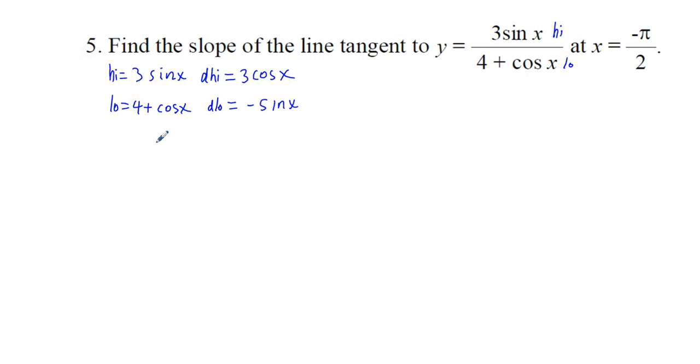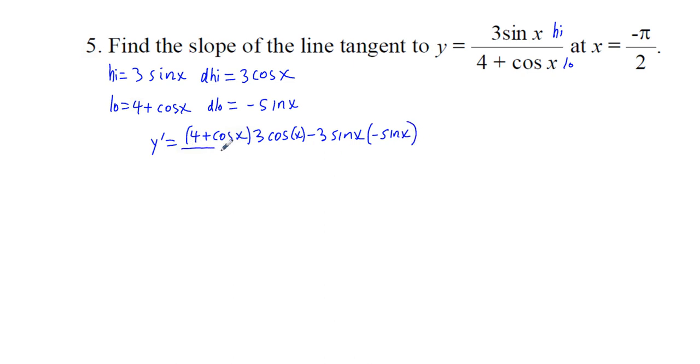And so y prime, working below here, is equal to low, 4 plus cosine x, d high, which is 3 cosine x, minus high, and high is 3 sine x, d low, which is negative sine x.